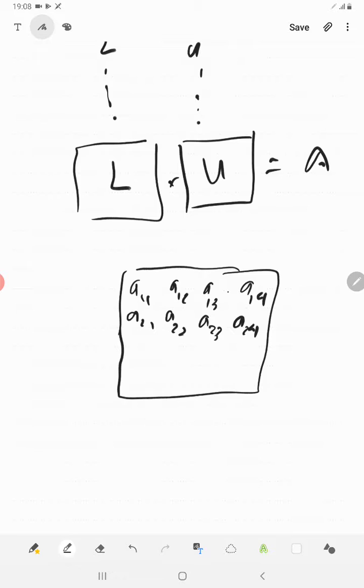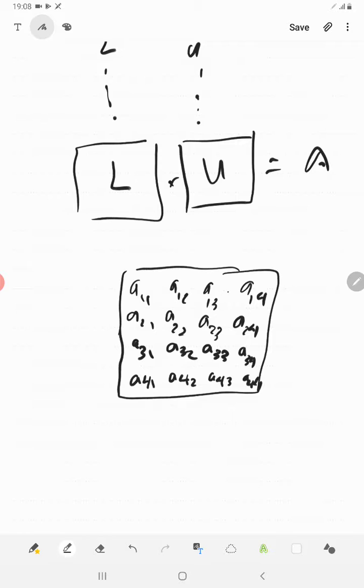So we want to factorize this matrix to L times U, where L is the lower triangle and U is the upper triangle. And again here we have A31, A32, A33, and A34, and A41, A42, A43, and A44.